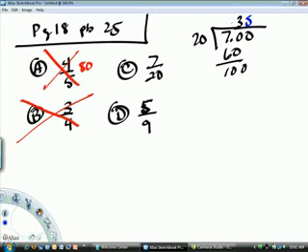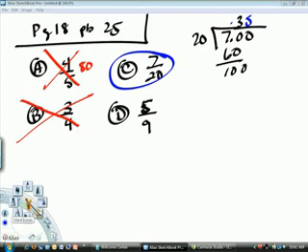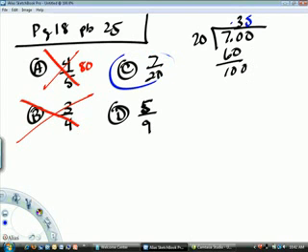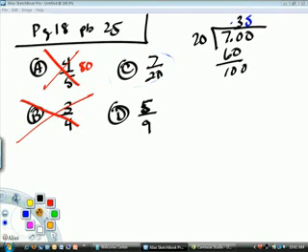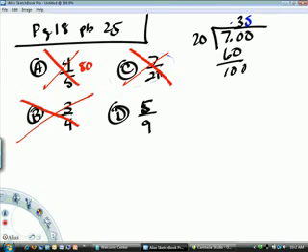I get 0.35. So I know that stops. That's not the answer, so I don't know why I circled it. That can't be the answer because it stops. So it's got to be D.